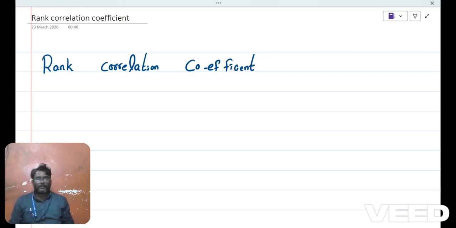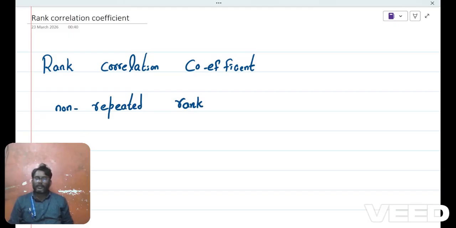Here we are going to see both repeated and non-repeated ranks. The formula for rank correlation coefficient for non-repeated ranks.